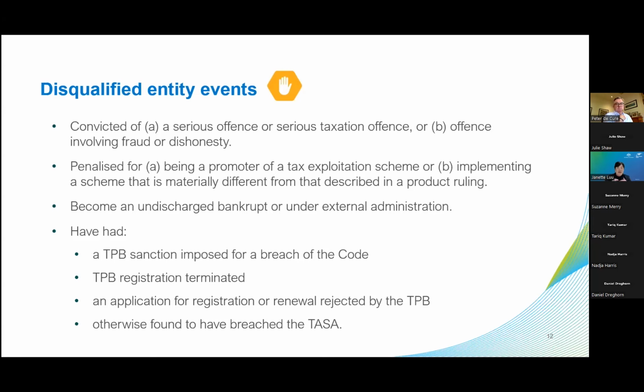And then if we take it down to the next level, these are more TPB-specific events that a tax practitioner will need to consider. What you'll need to look at is whether or not the TPB has imposed a sanction on them for a breach of the code. That might include having their registration terminated, whether or not they've had a renewal or a registration rejected by the TPB, or they might have been found to be in breach of the TASA otherwise.